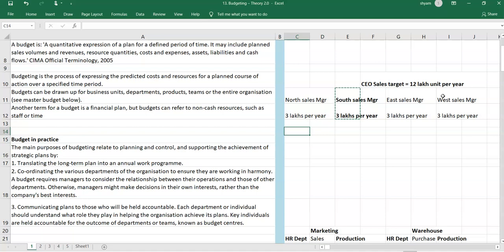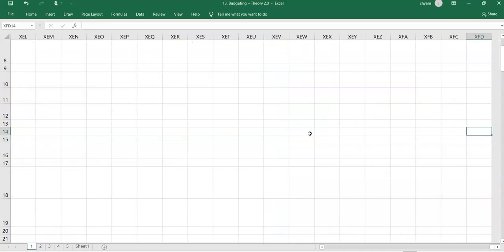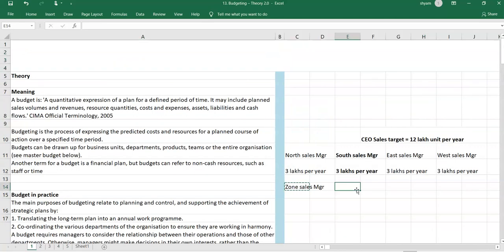He might have something like zone managers, zone manager 1, 2, 3, like that.